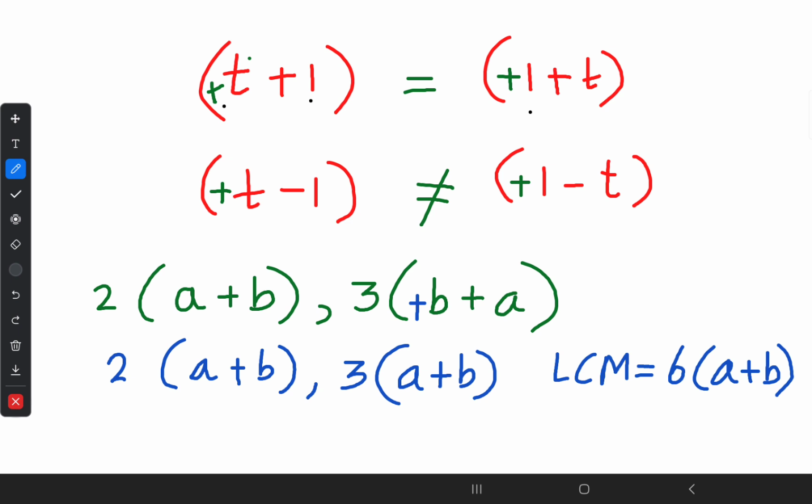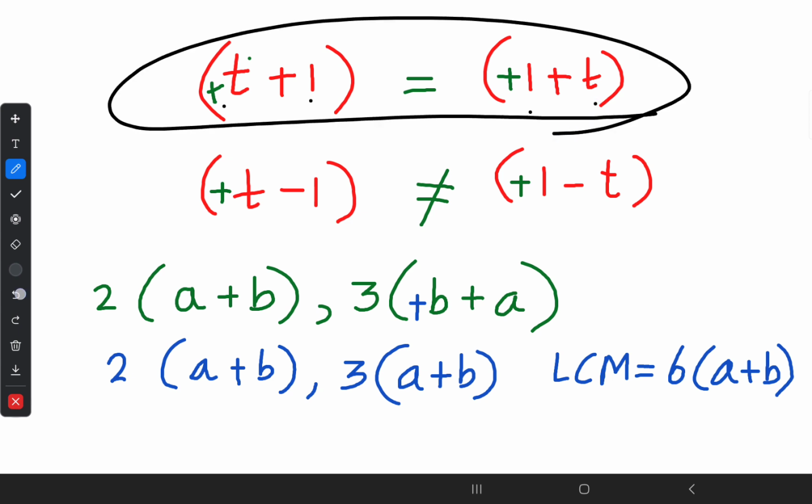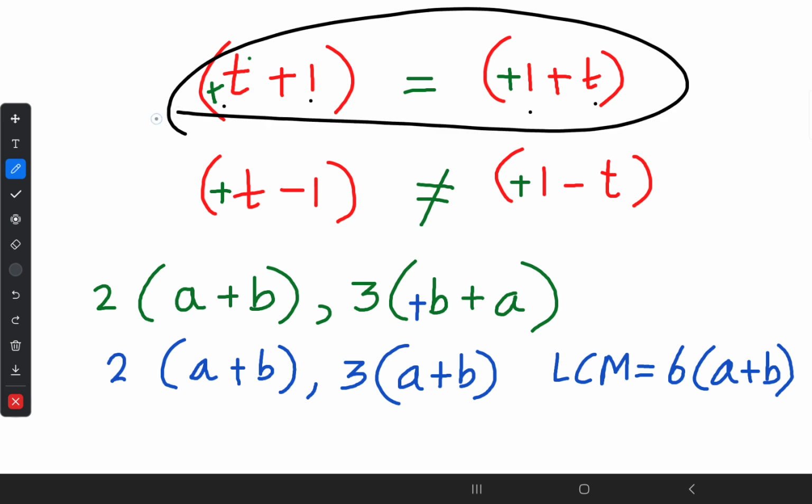Here also positive 1, positive t. Only the order is changed. Same thing applied here as well. Look at here. a plus b, here only the order changed, but both a and b are having same direction. So instead of this b plus a, I can write it as a plus b again.